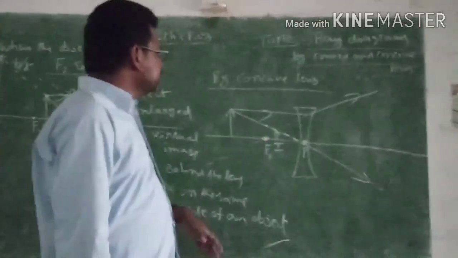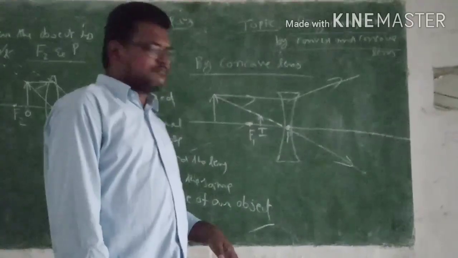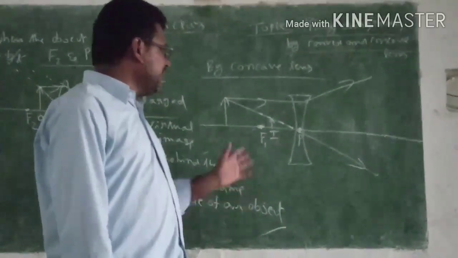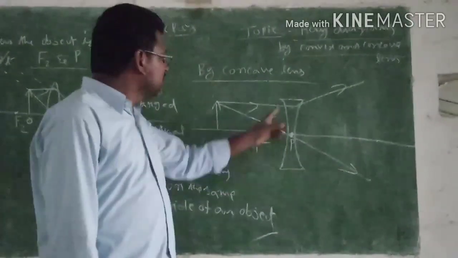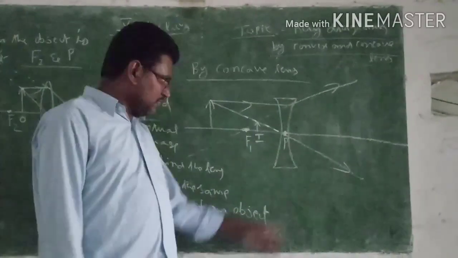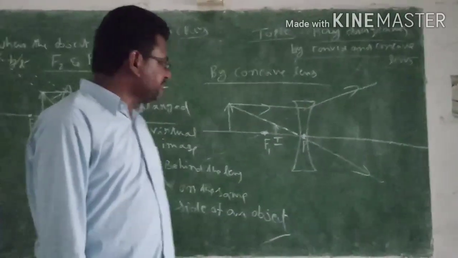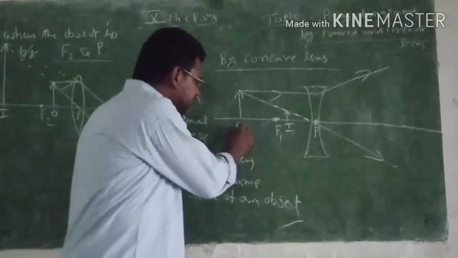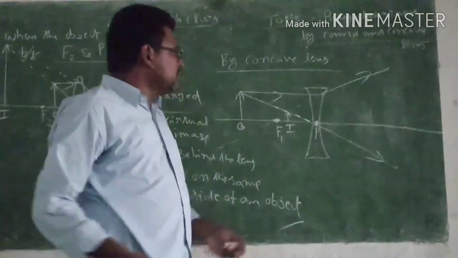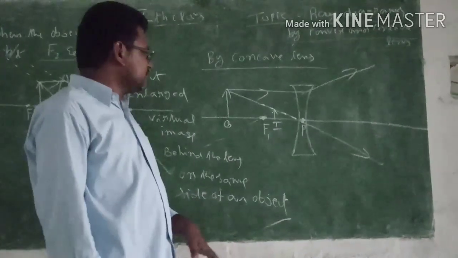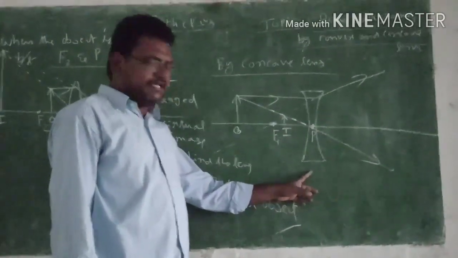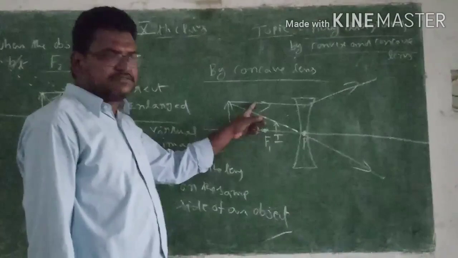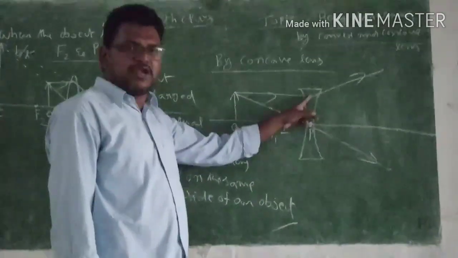Now let's see the ray diagrams for the formation of images by a concave lens. So let's take a concave lens. In front of the concave lens, let's take an object. To draw the image by the concave lens, let's take two light rays. One is parallel to the principal axis.